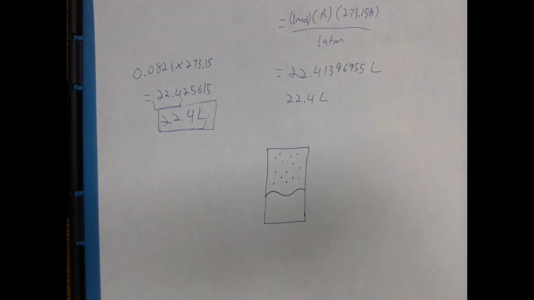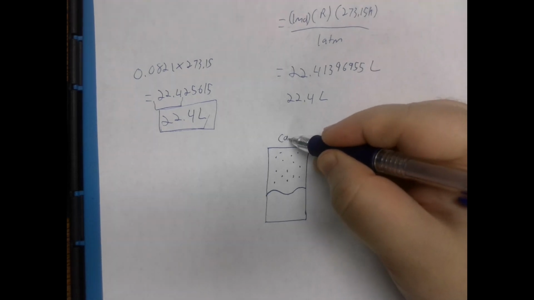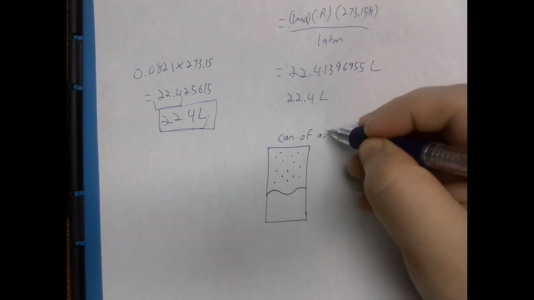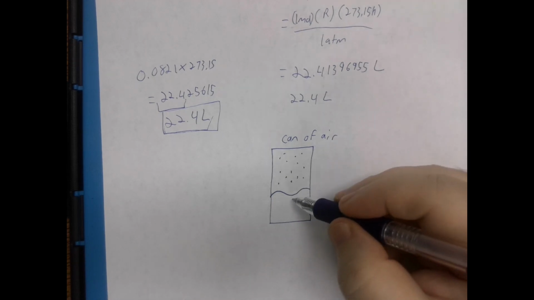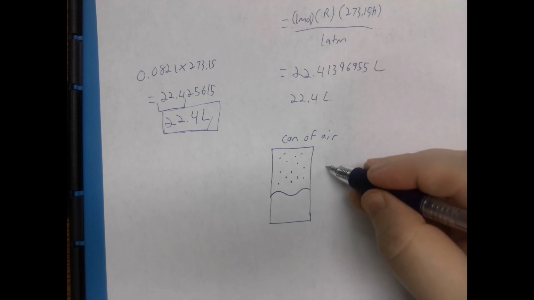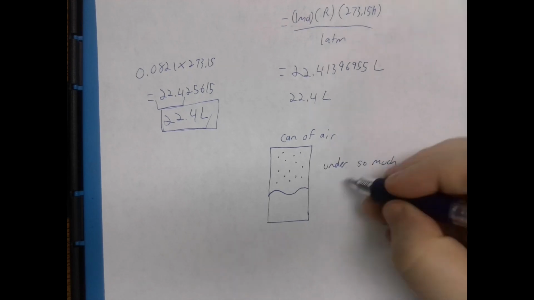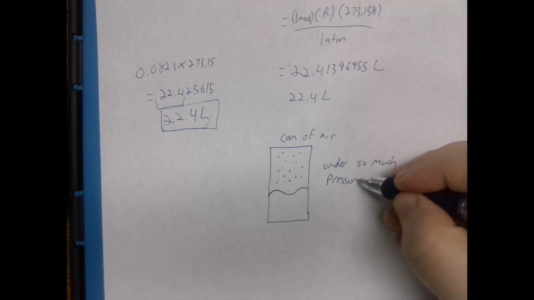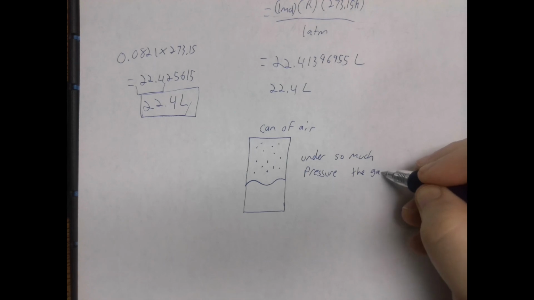So what you have in a can of air is mostly gas, but it's under so much pressure that the gas becomes a liquid.